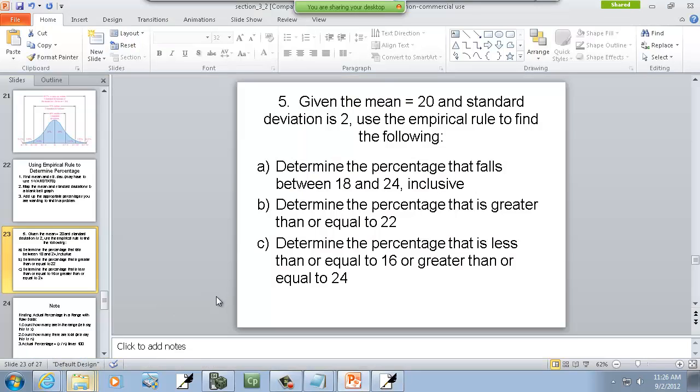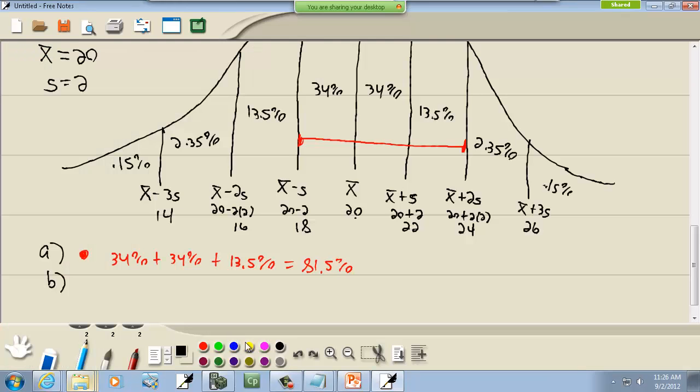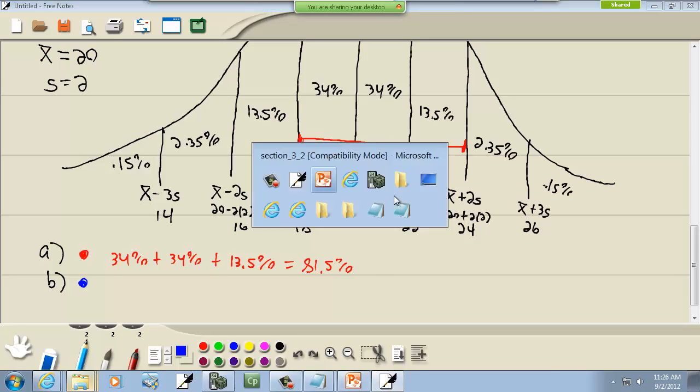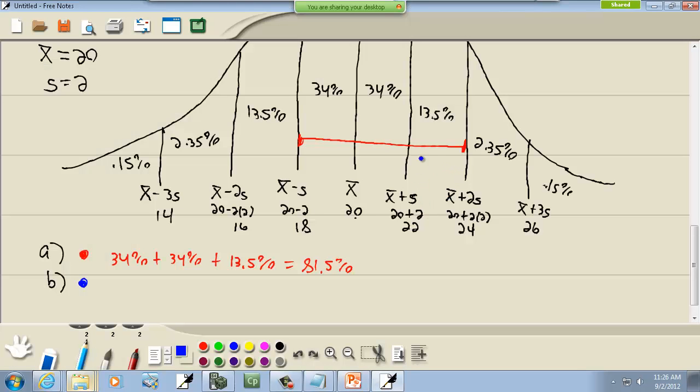Now B, determine the percentage that is greater than or equal to 22. I'll make this blue. Well, here's 22. Greater than or equal to would be everything to the right. So these three here.